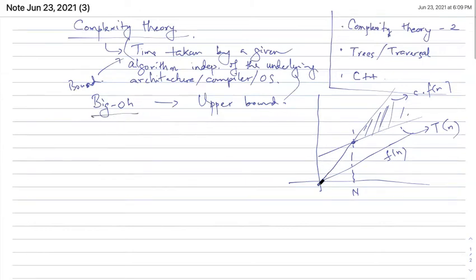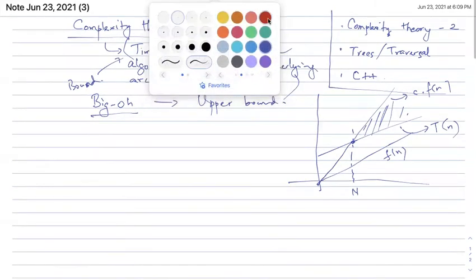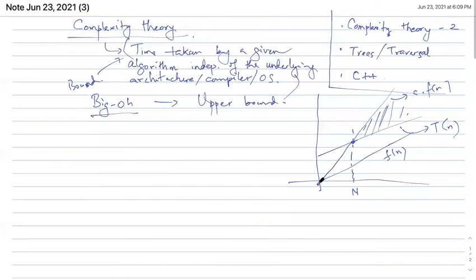It is the one which is going to remain always above T(n). And the constants that you are playing with are c and this capital N.